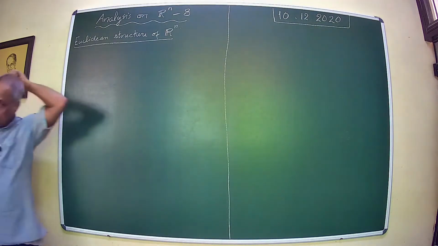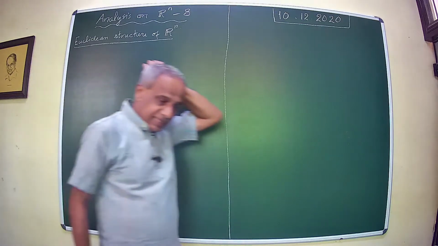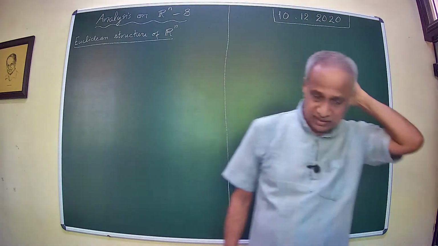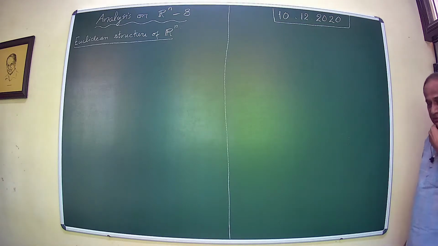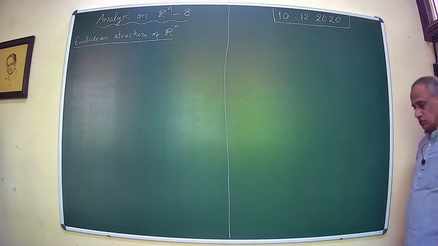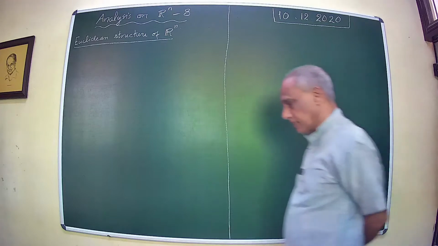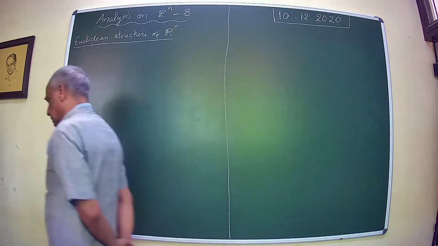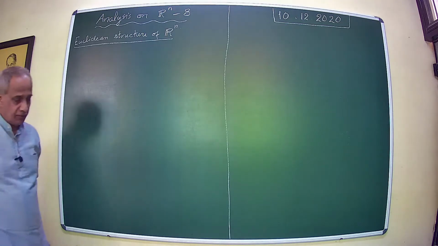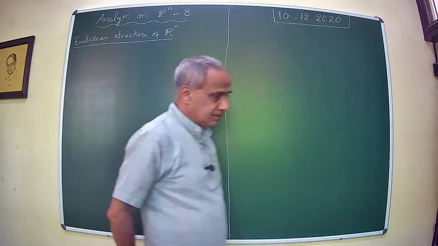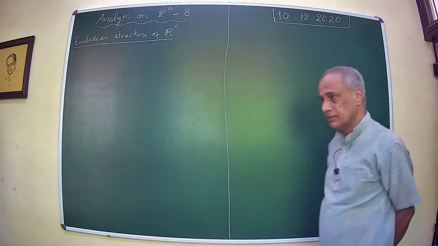Now what we want to do is bring in an additional structure on that through what is called the distance notion, or since we are working with vectors, by introducing the concept of length for the vectors.